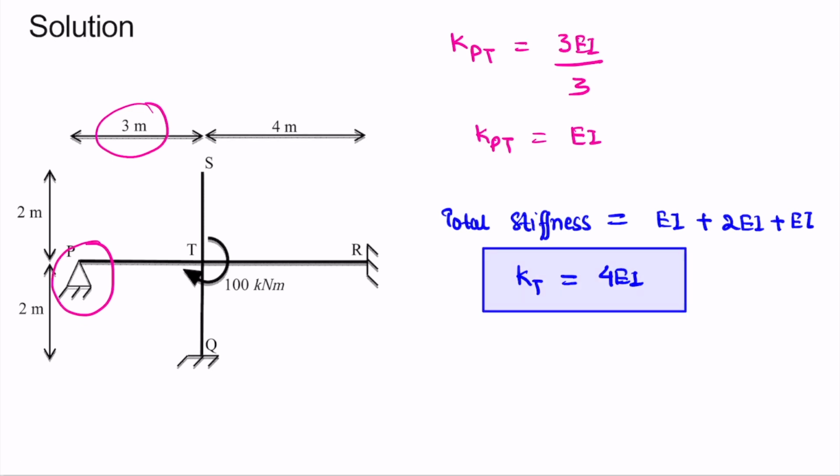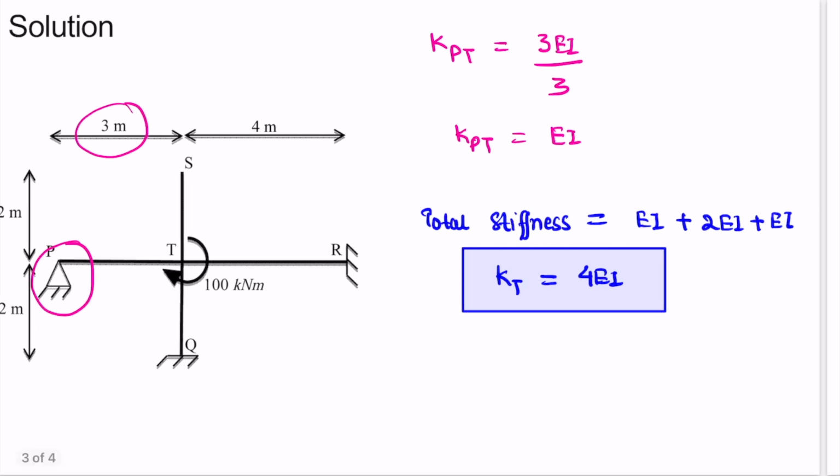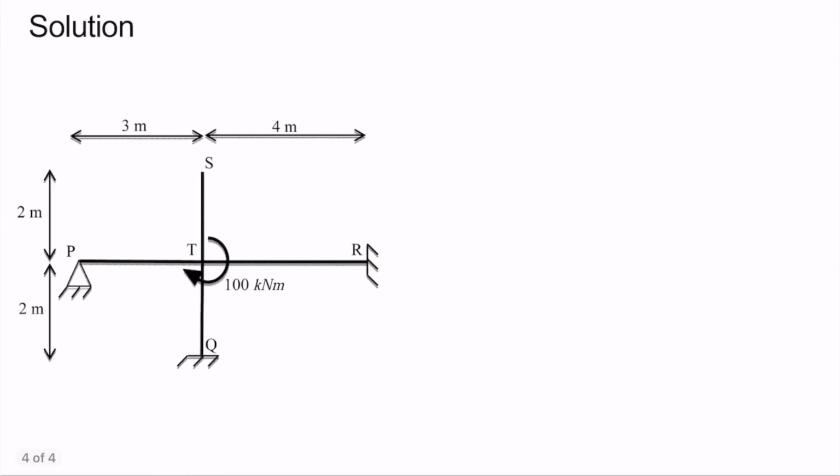Now we can calculate the distribution factors of different members. So let's find out the distribution factor for QT. So distribution factor for QT member will be equal to the stiffness of member QT, which is 2 EI, divided by total joint stiffness, which is 4 EI. So from here we get the value of distribution factor for QT as 0.5.